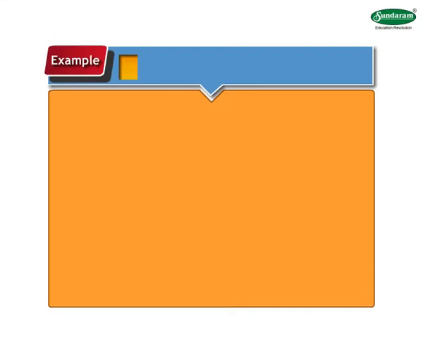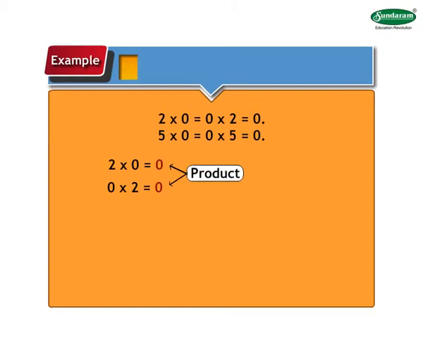By using the same property, we can write 2 into 0 is equal to 0 into 2, which is equal to 0. 5 into 0 is equal to 0 into 5, which is again equal to 0. In the first example, we can see that when 2 is multiplied by 0 or when 0 is multiplied by 2, we get the product as 0.